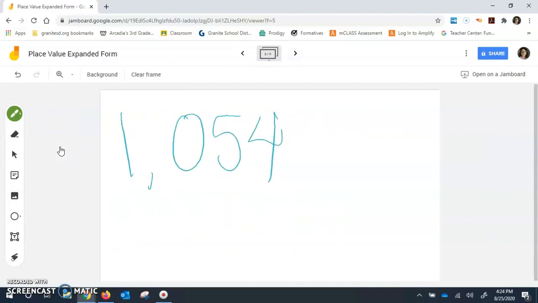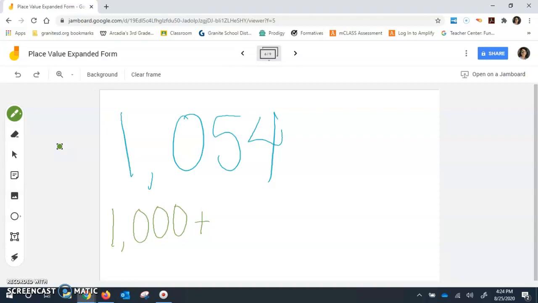Looking at this problem, this one's a little bit different, but not too much. So we have 1,000, our ones in the thousands place, represented here, plus, so this is a 0, and you can put your 0 here, but I don't think you need to.